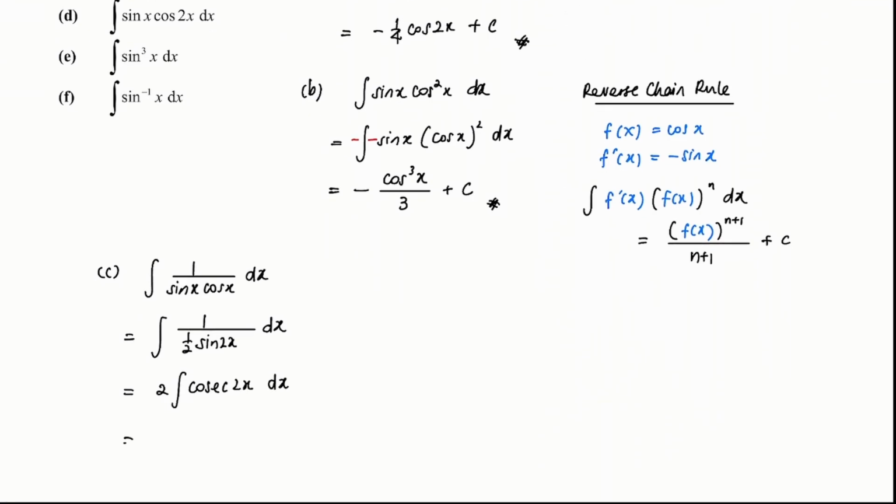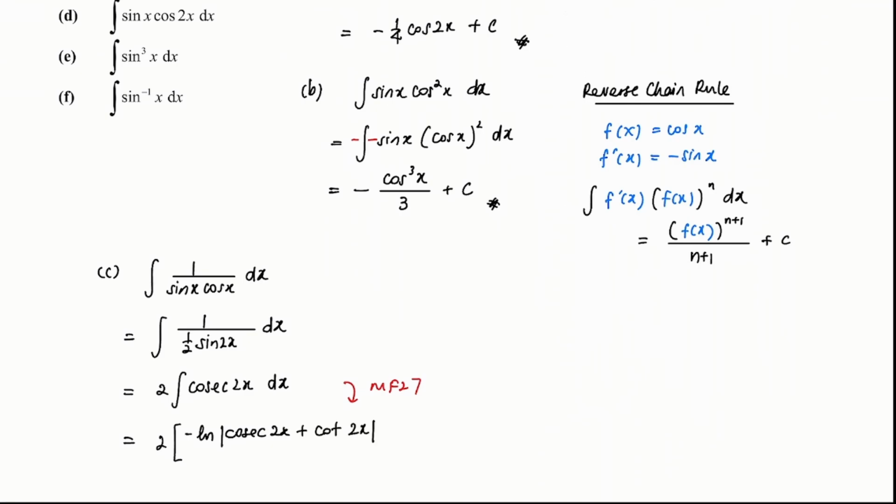So how do we integrate cosecant over here? The integration technique is actually to refer to MF27 because this is a new integral this year. Okay, so over here, if you notice, you can actually get your negative ln modulus cosecant 2x plus cotangent 2x.